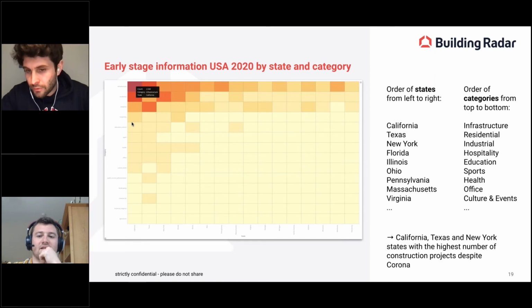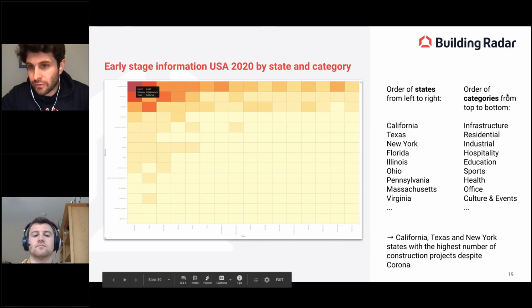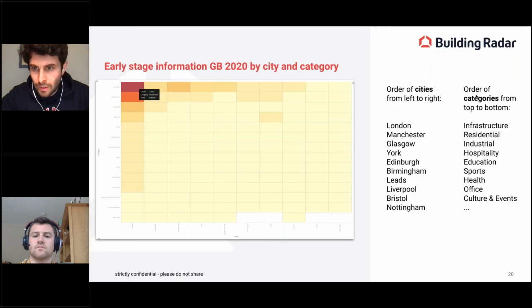So for the US, for example, the outcome would be that California, Texas, New York State, these states are still the top states in terms of amount of activity. We also see this for Great Britain.